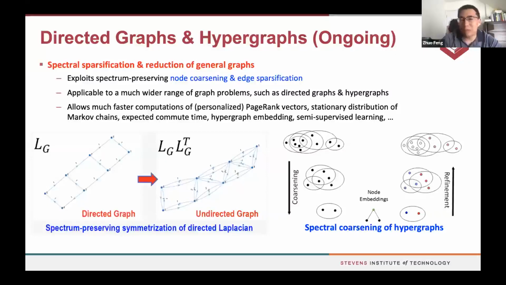However, existing methods will be very costly to apply if the graph itself is big. Our approach uses spectral methods to coarsen the nodes and edges so that we can extract really compact graph representations that allow much faster algorithms to be developed for the computation of PageRank vectors, which has been widely used for Google search.